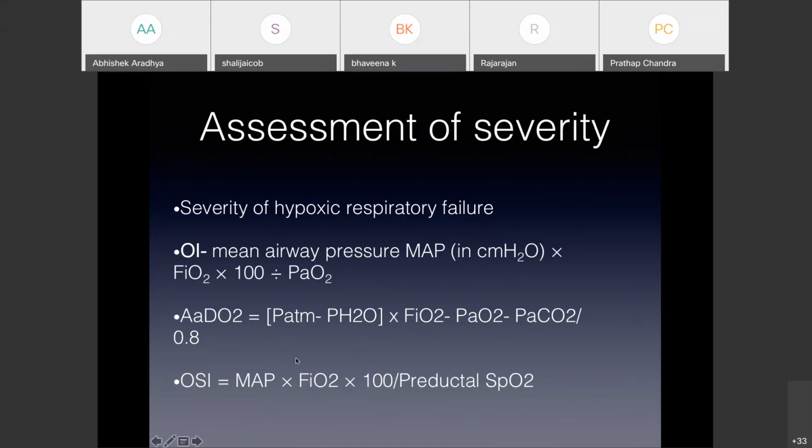The other one that can be used is called the OSI, which is the oxygenation saturation index, where you look at the MAP times FiO2 times 100 divided by preductal saturation. So here you're looking at the saturation. In OI, you're looking at actual PaO2. So these are some of the parameters that are used to assess the severity of the pulmonary hypertension.